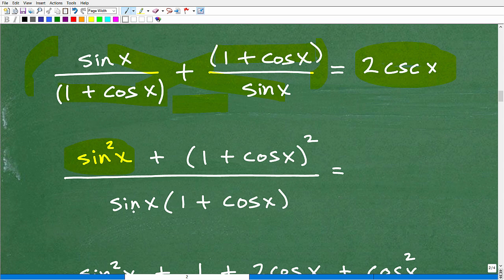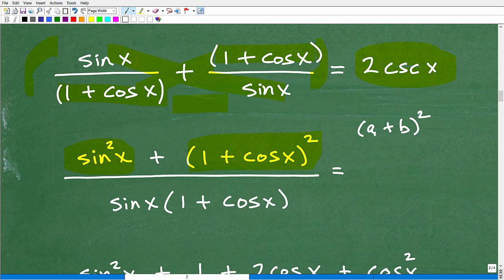All right, now at this point, I have sine x times 1 plus cosine x, but I have addition up here in the numerator, so I can't really do anything with this. So I'm going to have to multiply this out. So 1 plus cosine x squared, again, this is like doing a plus b squared. Okay, you should know this.